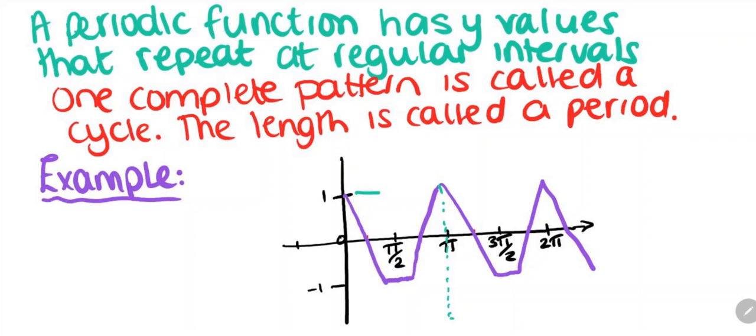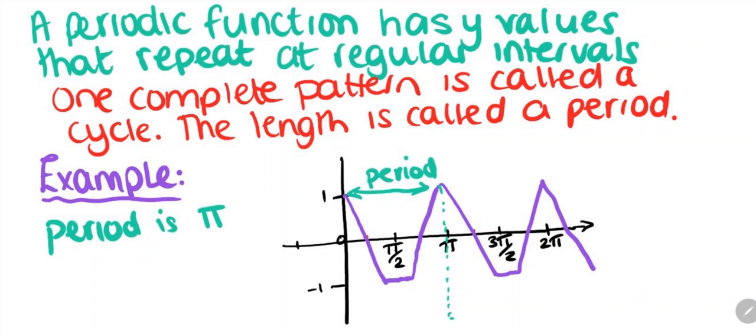So this here would be called one cycle, and this is the length of the cycle. So we can say the period is pi. From 0 to pi, the period is pi. It repeats, and the next time would be at 2 pi.